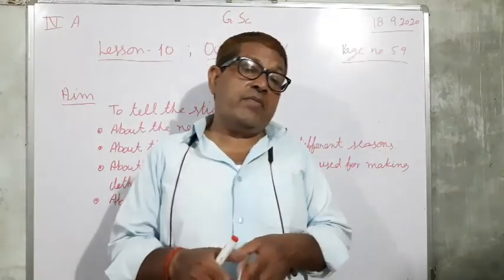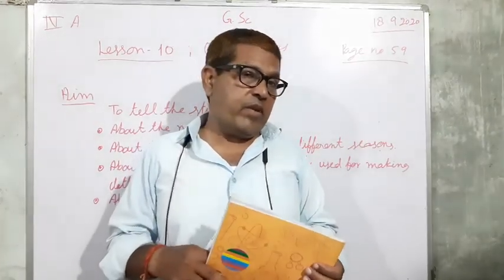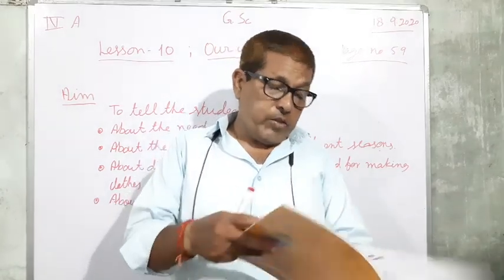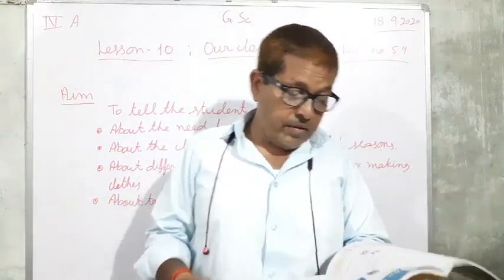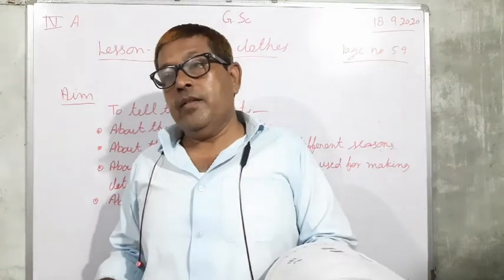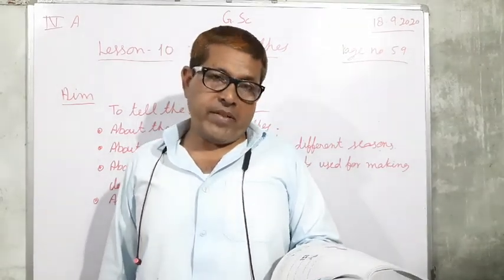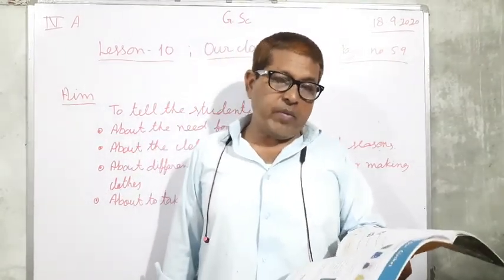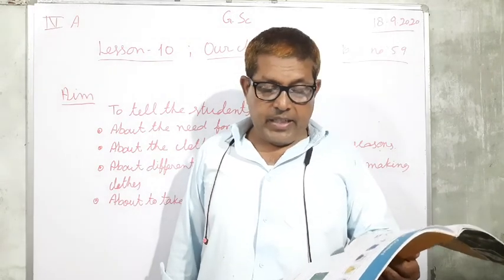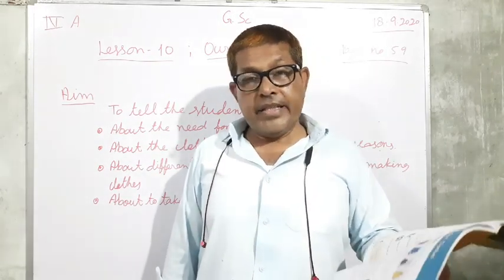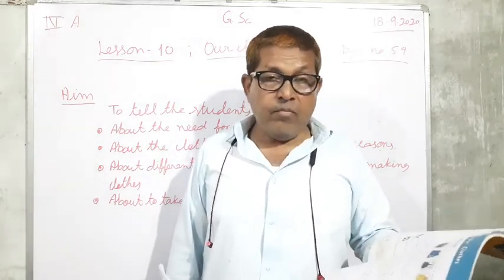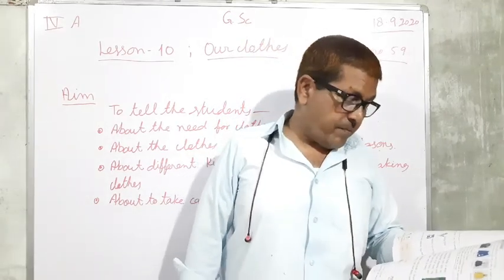Now, types of fiber. How many types of fibers are there? There are mainly two types of fibers. One is natural fibers and the other is synthetic fibers or man-made fibers.